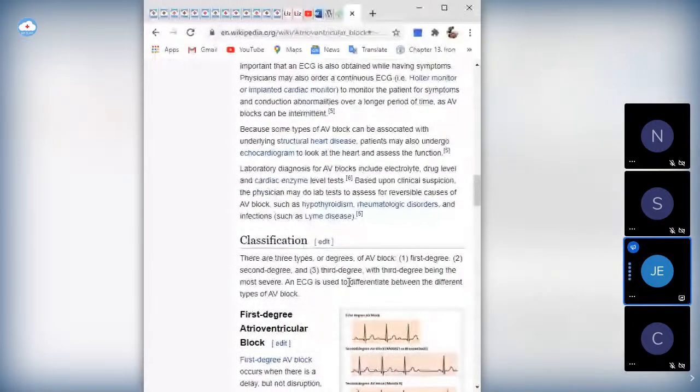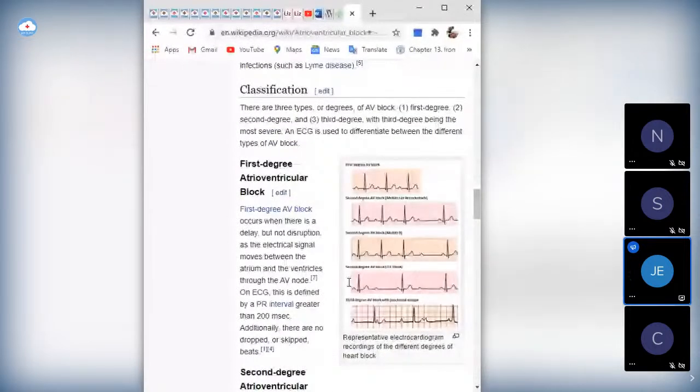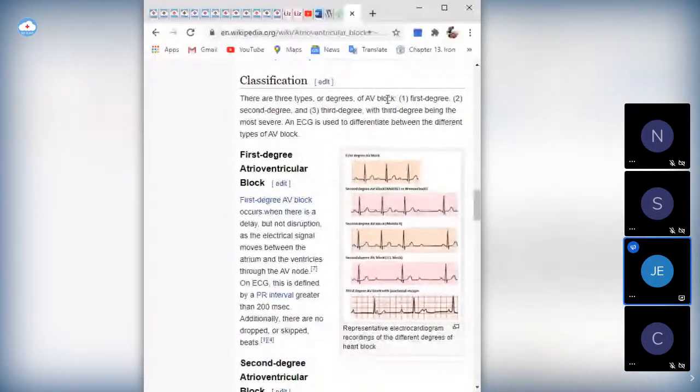So there are three types of AV block. One is a first degree AV block, there's a second degree, and then there's a third degree, the third degree being the most severe. We normally differentiate the different types of AV block on ECG.